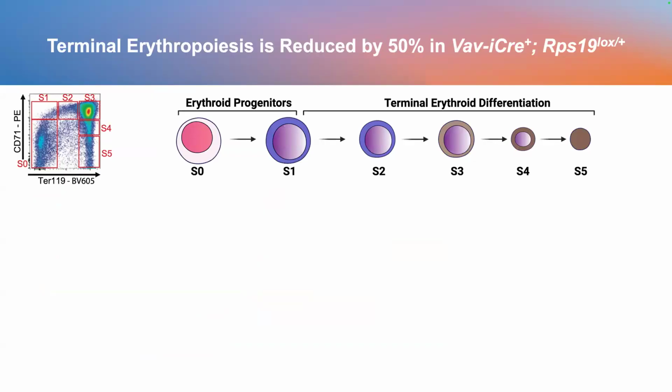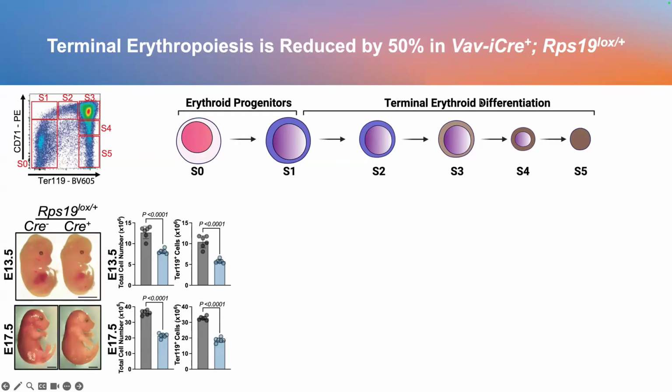And for that, what we did is that instead of using CD44 versus TER119, which in the liver is not as accurate as it is in the bone marrow, we used the method that Merav Socolovsky had developed when she was in Harvey's lab and then had expanded and optimized for the fetal liver. So from S0 to S5, you have the erythroid progenitors, and I'll remind you that throughout the presentation. And then S2 to S5, you have terminal erythroid differentiation.